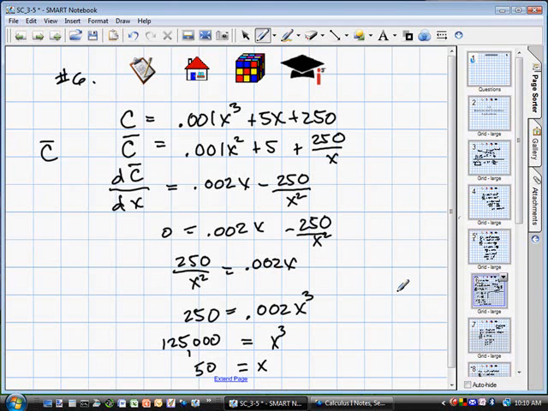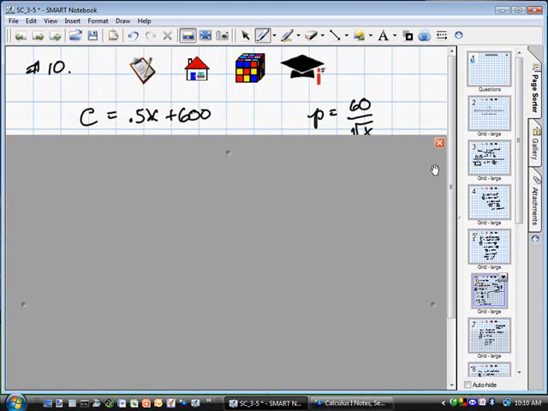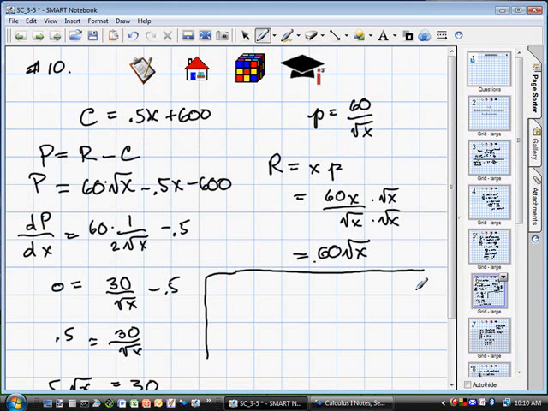Okay, so here we go. Like was just said, we have to take our, by the way, I'm doing number 10. The demand was 60 over the square root of x. We just said you have to multiply that by x.